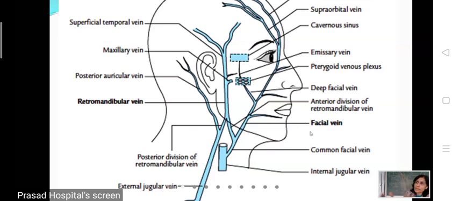It is a venous sinus which is formed by the dura, and it is present intracranially. So there are connections between the facial vein and the cavernous sinus, and there are two means of communication. First one is the facial vein communicates with the cavernous sinus by way of ophthalmic vein.